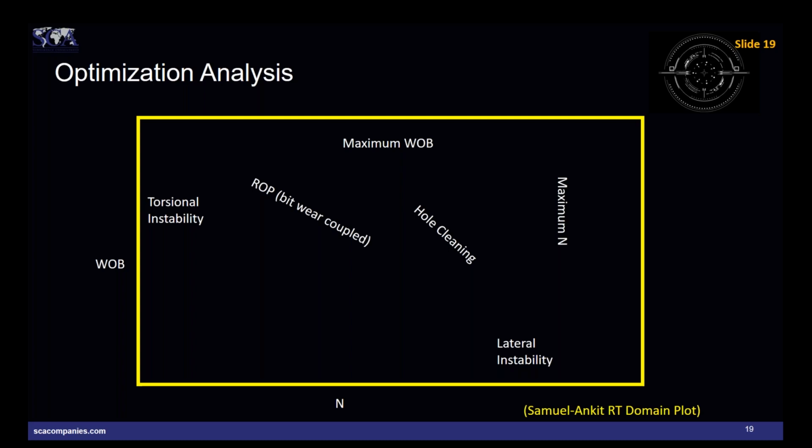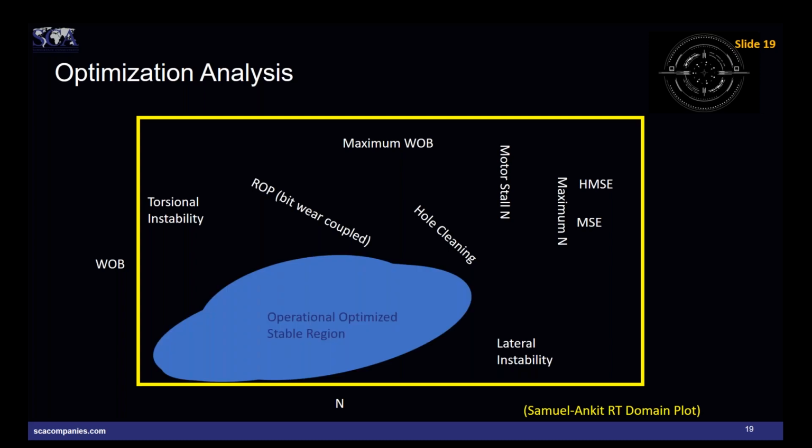Then also it is constrained by ROP, and ROP is also dictated by the bit, as while it is drilling, it is getting worn out. Then hole cleaning, that parameter involves the flow rate. Then motor stall, if you are using motor, then we have an optimized stable region. So we'll draw these lines and find out exactly where our optimized region is.